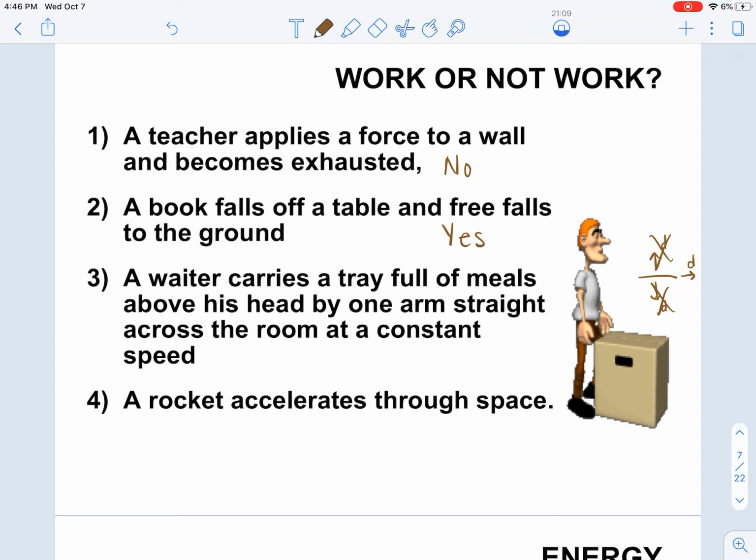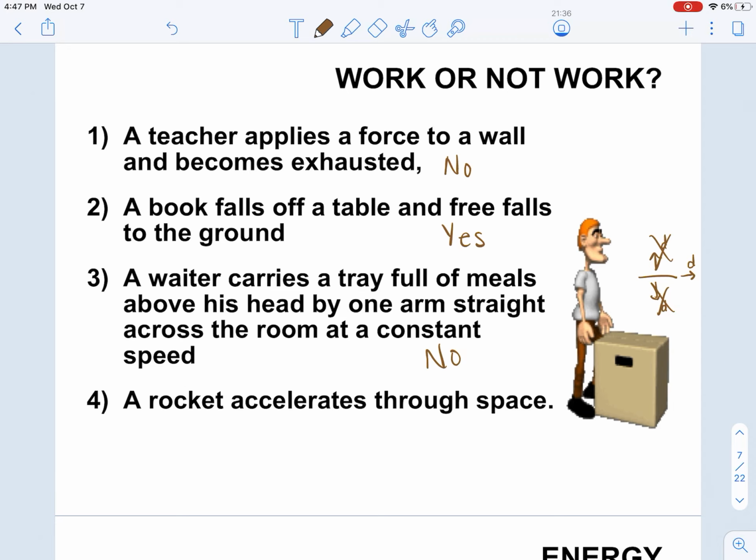The forces applied to my tray would be in the vertical, downward force due to gravity applied by the earth, upward force from the waiter's hand, but those are not parallel to the direction of the displacement, so this would be no work done. If we plugged it into the formula, we'd multiply by a cosine of 90, which would give me a value of 0 joules of work, okay?